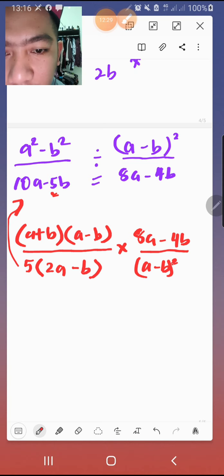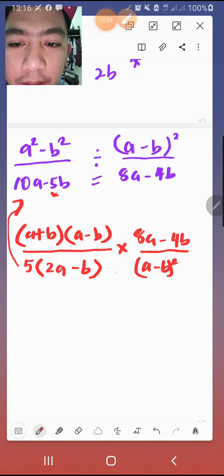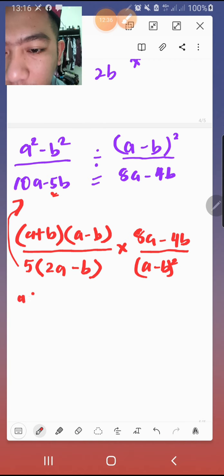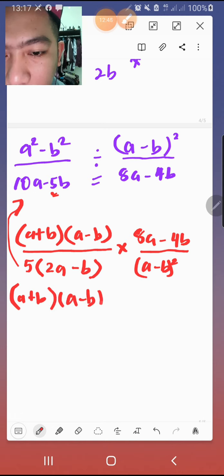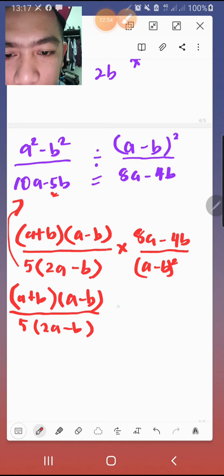So expand again. We try to factorize these algebraic expressions. This one I copy back. a plus b, a minus b, 5 times 2a minus b.